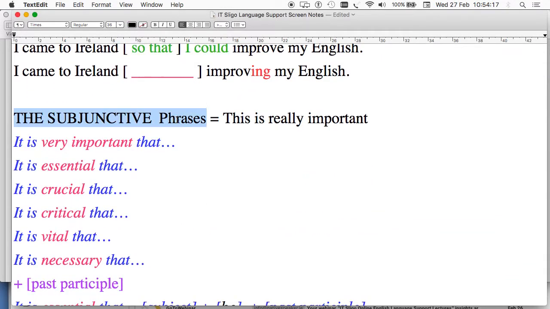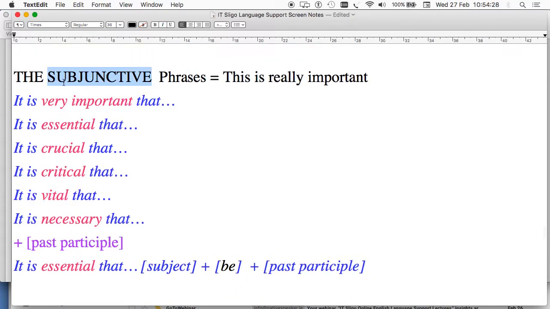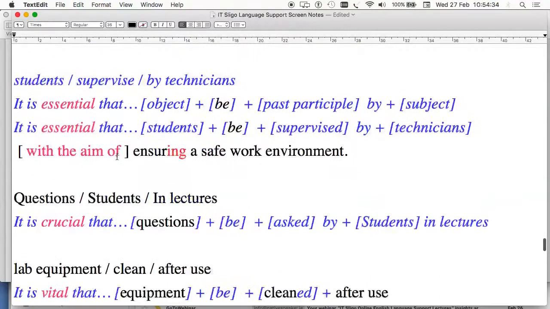The subjunctive phrases, well, these are: it is very important that, it is essential that, it is crucial that, it is critical that, and it is vital that. These are used here. Now, I have included a separate video in your notes, so if you go down, that video on the subjunctive will be self-explanatory, and you should go there.